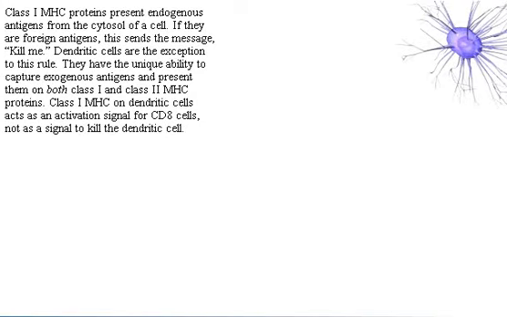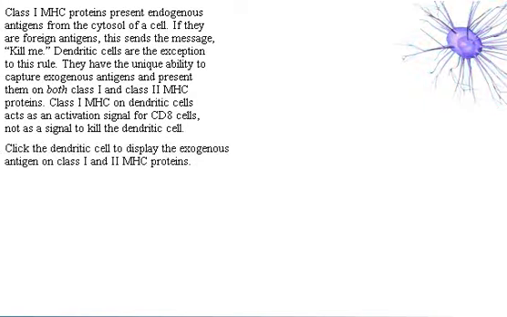Class I MHC on dendritic cells acts as an activation signal for CD8 cells, not as a signal to kill the dendritic cell. In effect, the dendritic cells are saying, "Don't shoot me, I'm just the messenger." Click the dendritic cell to display the exogenous antigen on class I and II MHC proteins.